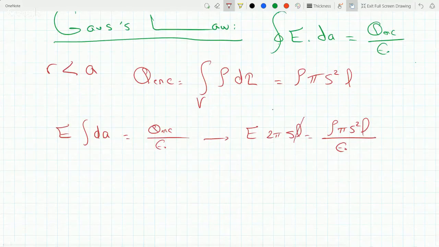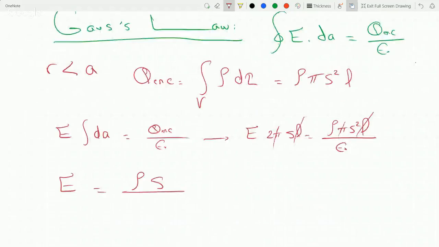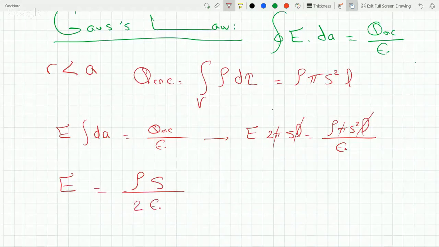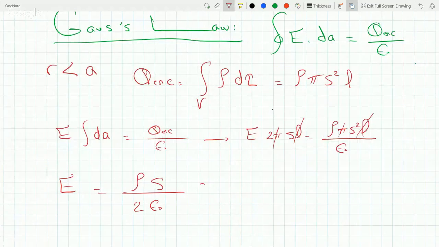And as you can see, L cancels out, so this is independent of the length of the Gaussian surface that I take, as it should be. So E equals rho S over 2 epsilon, and of course this is in the S direction.